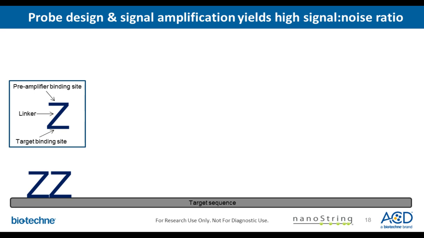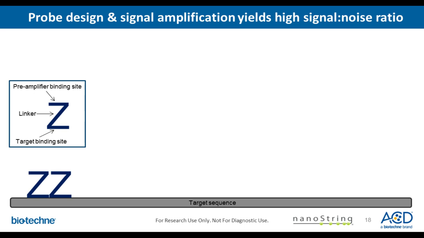Let's focus on the bottom portion of this probe, which is your target binding sequence. As the name suggests, it is a complementary sequence specifically designed against your target of interest and will bind on your target gene. The top portion is the pre-amplifier binding region, which forms the basis of the signal amplification tree development. And the middle portion is the linker region, which connects these two portions of the probe.